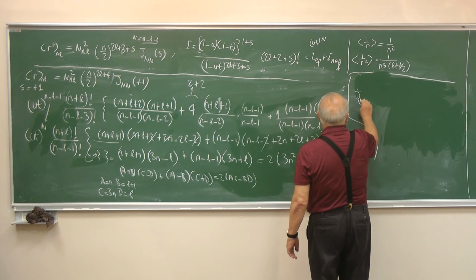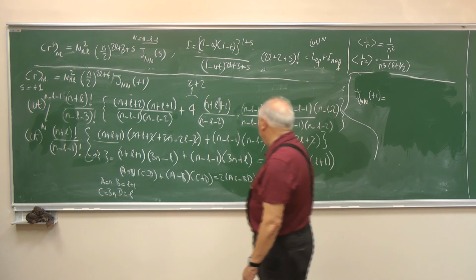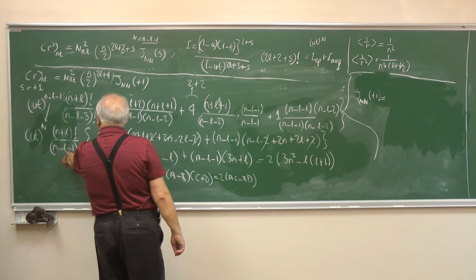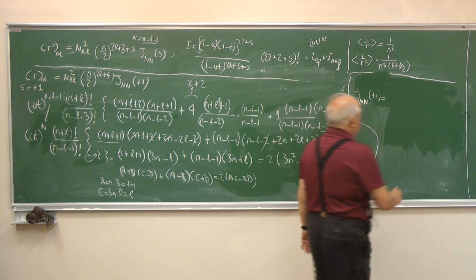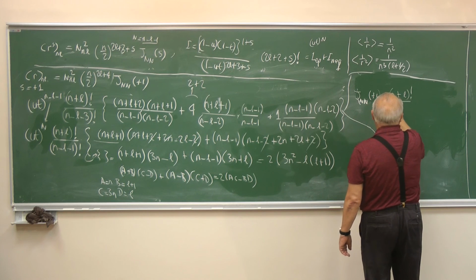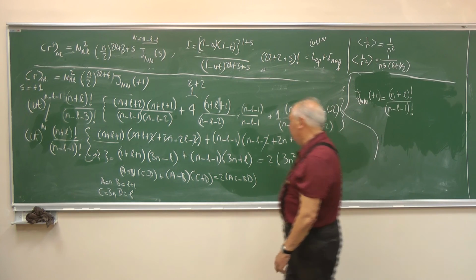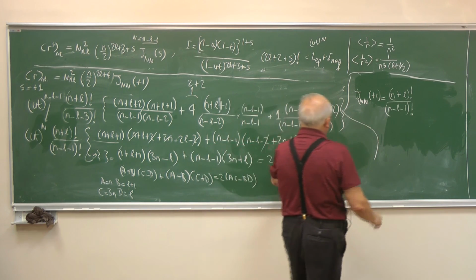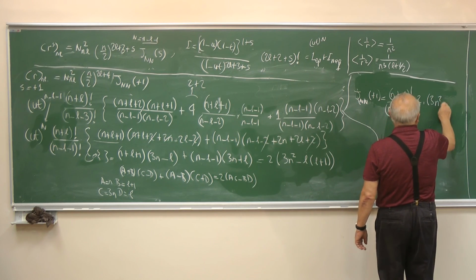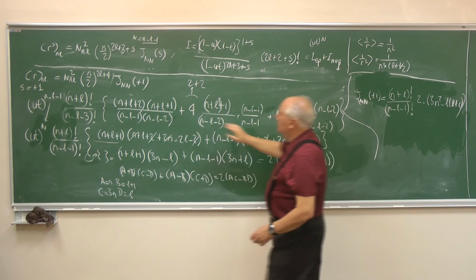So J n n plus 1 is equal to the first term, n plus L factorial over n minus L minus 1 factorial, that's the front term, times 2 times 3n square minus L times L plus 1. All right, we will stick that into here.